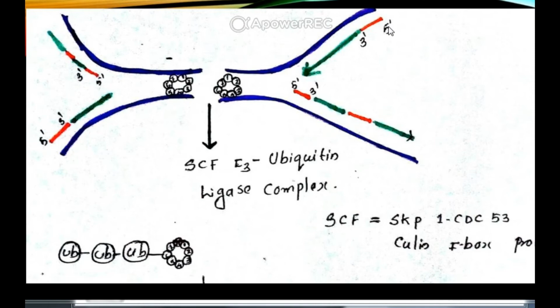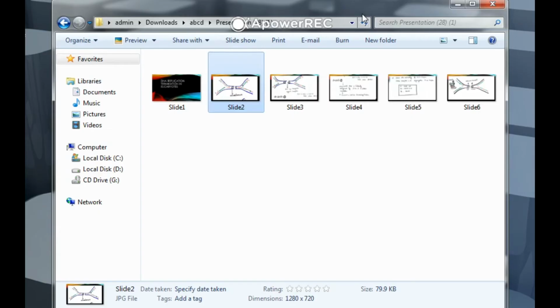Here the ubiquitinated protein is recognized by P97, a protein remodeler. P97 is the transitional endoplasmic reticulum ATPase, also known as valosin-containing protein, and also called the segregase protein.